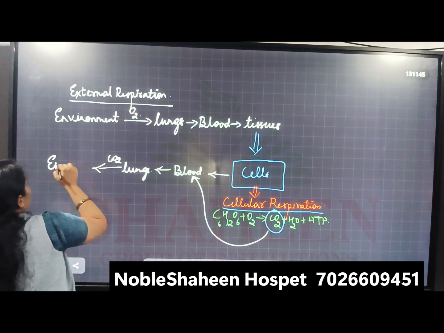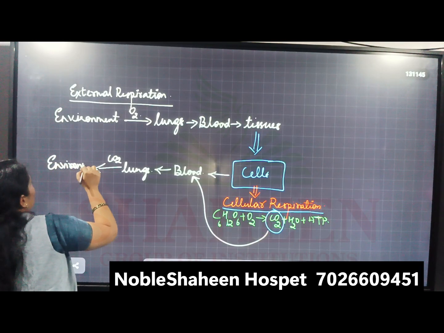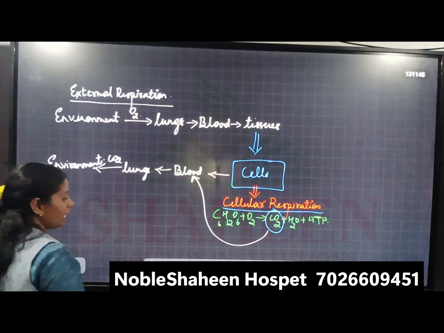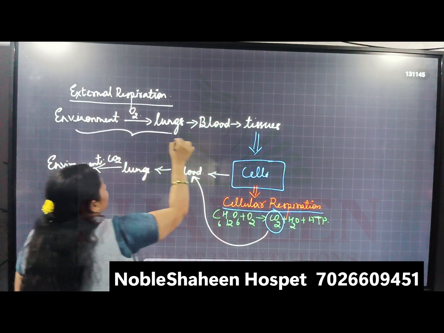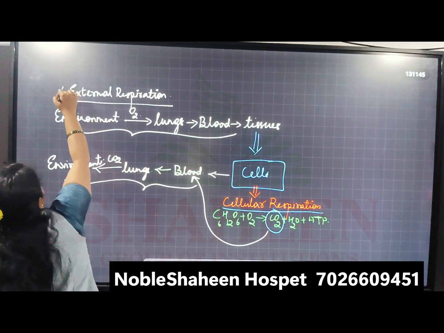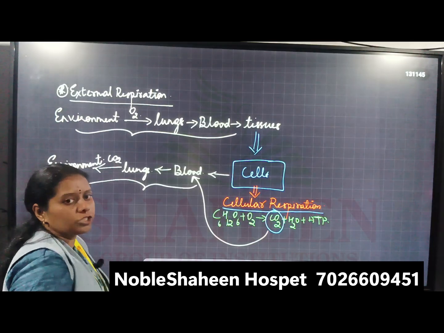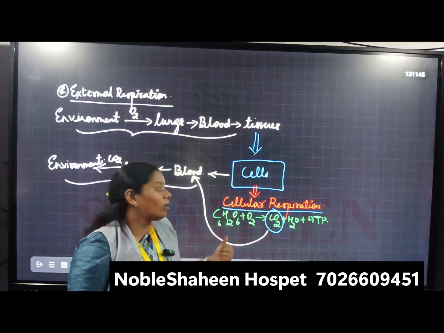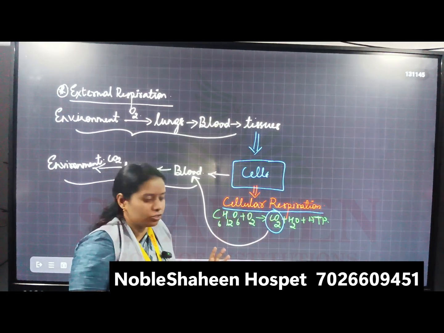So this is going to be released out into the environment. So we are going to learn in this chapter regarding how these things are happening. That is why it is called external respiration. Whereas this side will be taught in the botany part, which is called respiration.